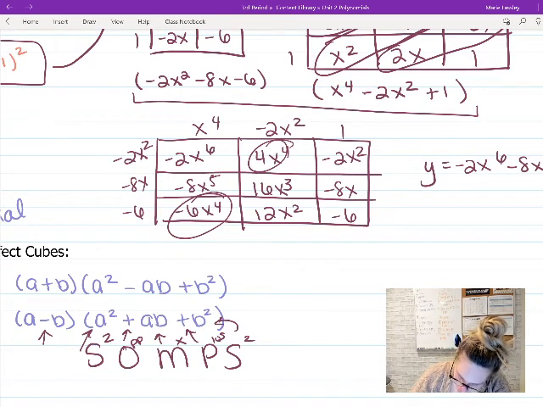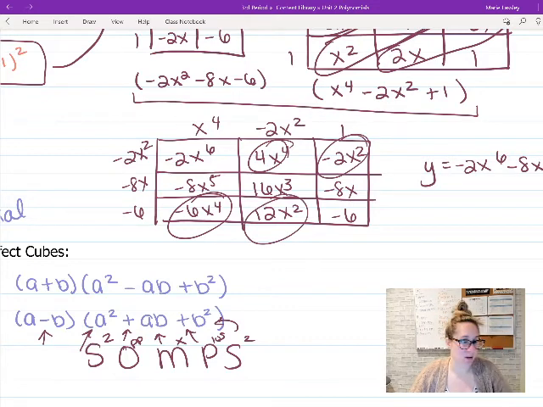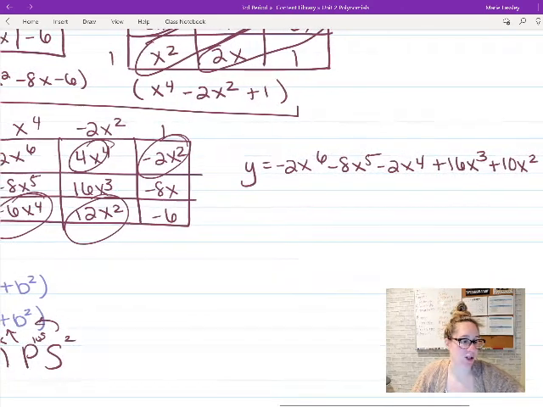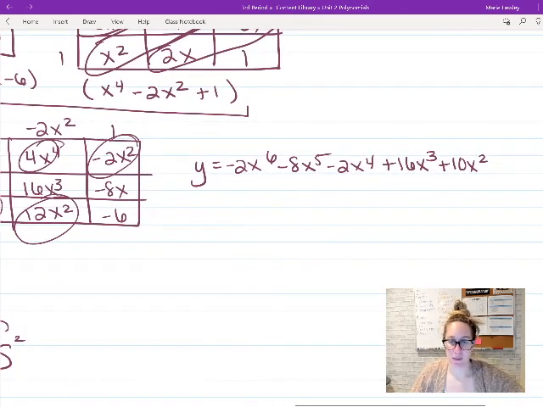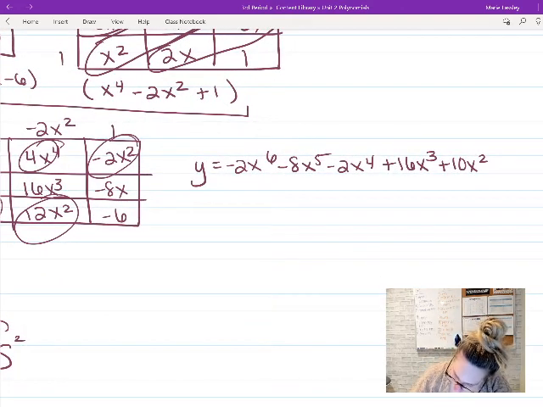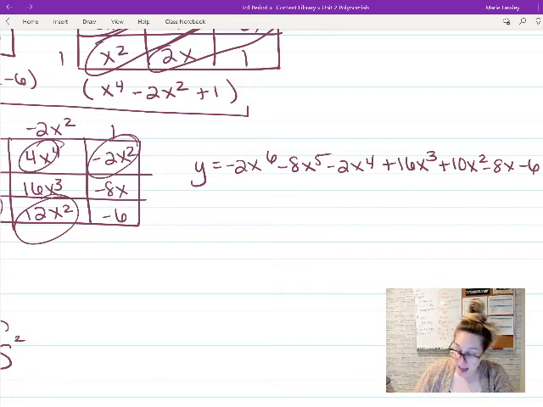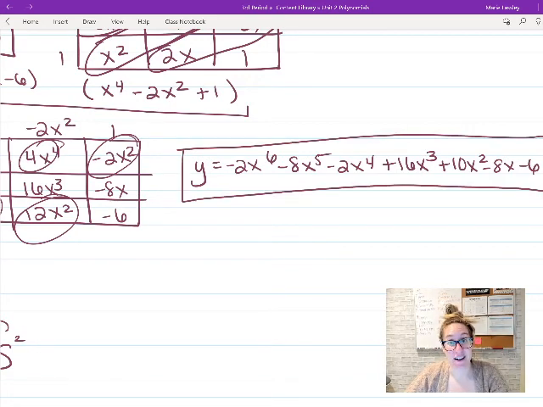I have two squared terms, so that's going to give me plus 10x squared. Oops, I ran off the page. There we go. And then I have a minus 8x and a minus 6. That, my friends, is standard form.